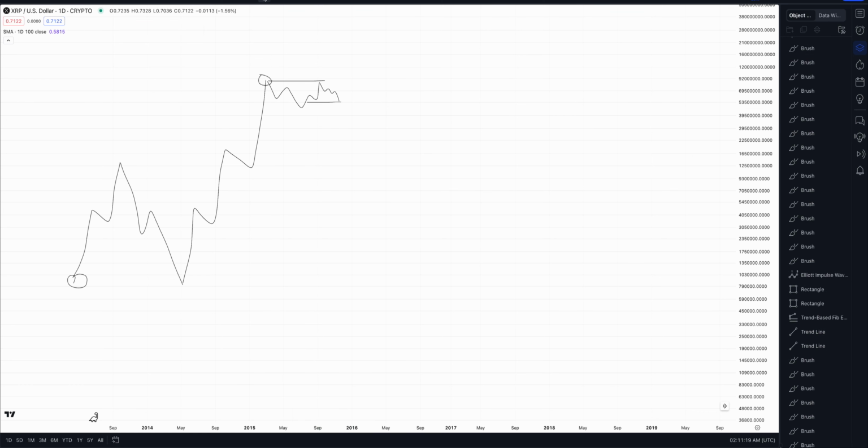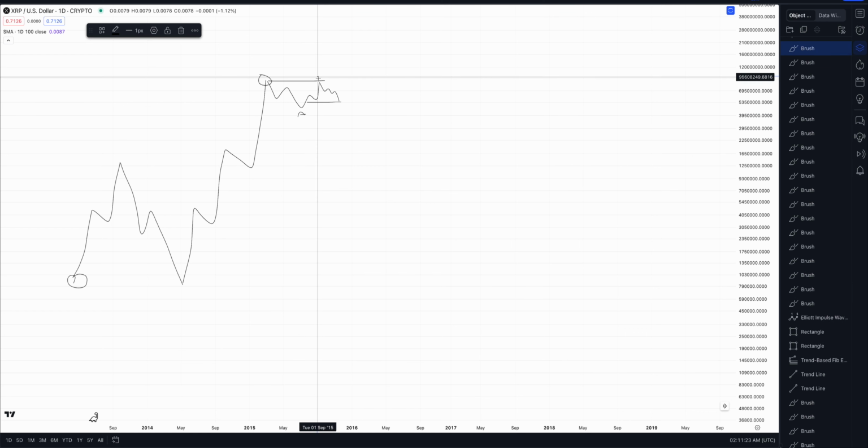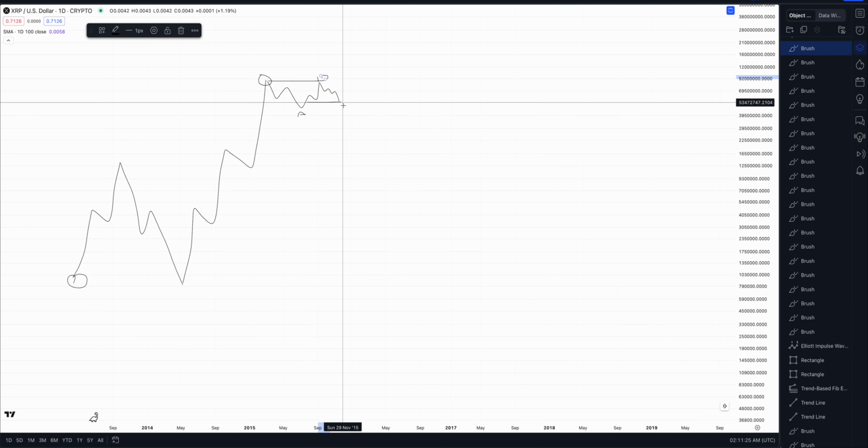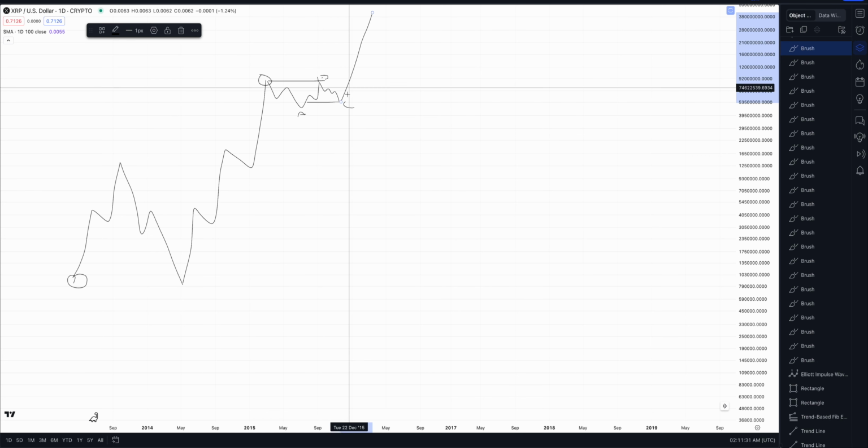So what this creates is your A wave, your B wave, and then you have your C wave, and then after your bear market is done, you start your next impulsive leg in the structure. So you have the start of your coin, your initial leg, your pause, and then your continuation.